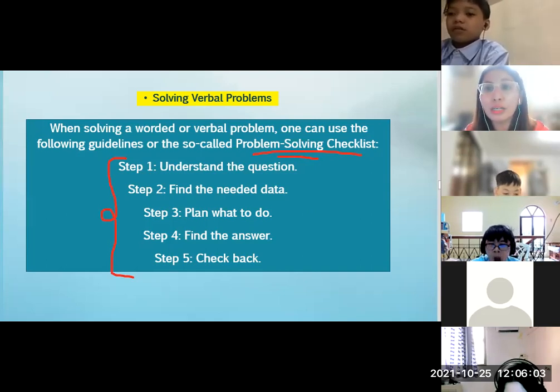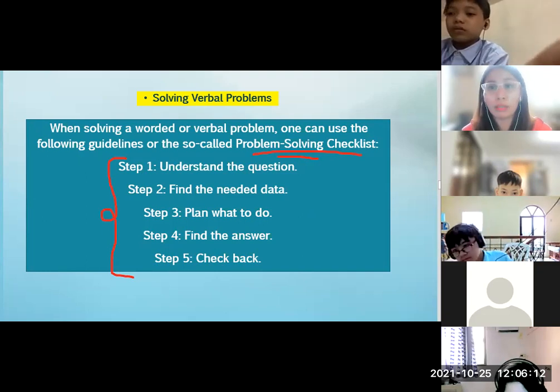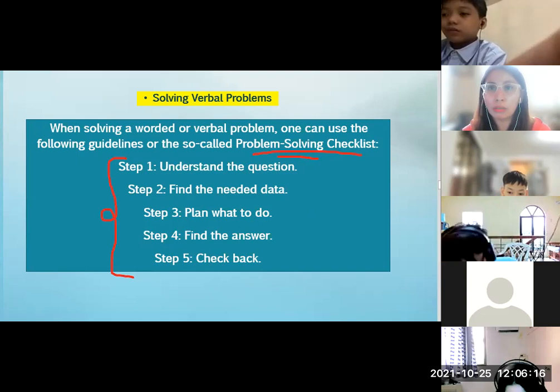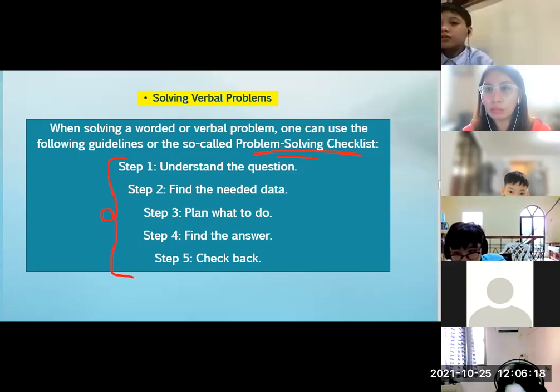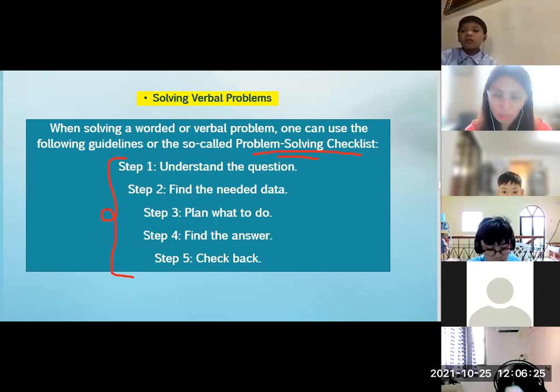You can send your scores on the chat box. Pakisend na lang po. So no need to send the Korean.